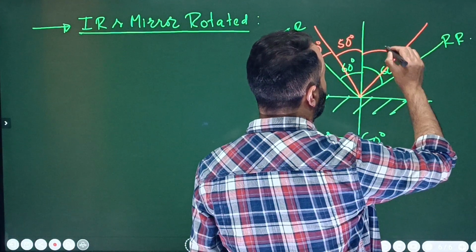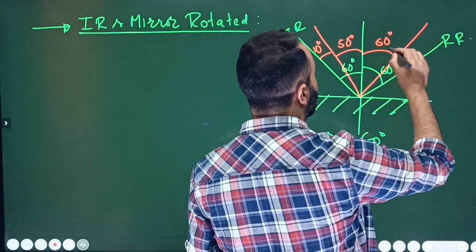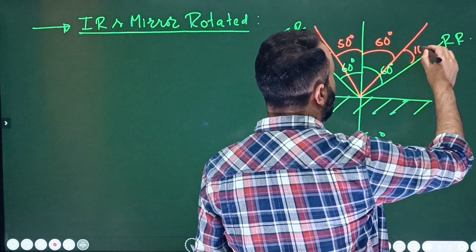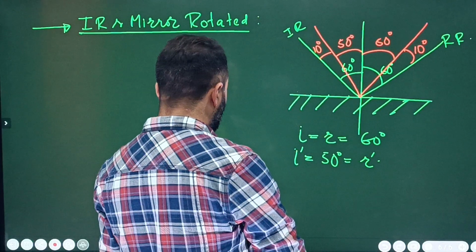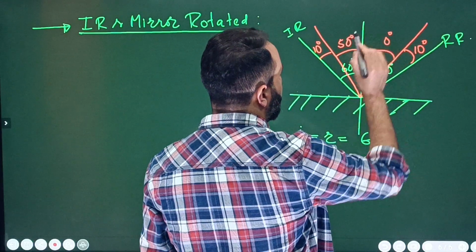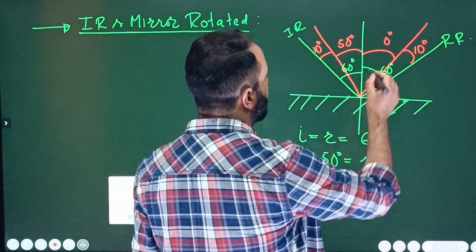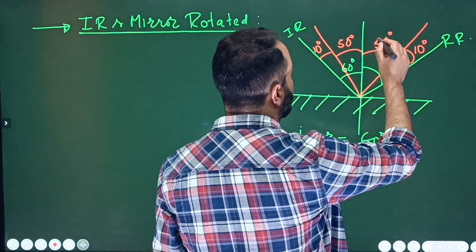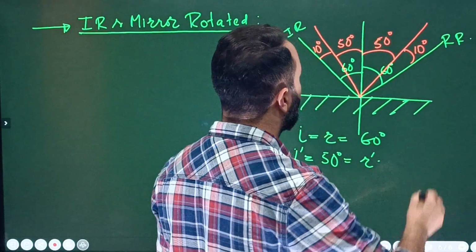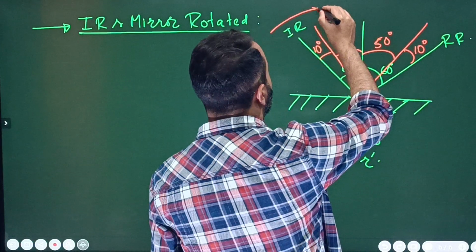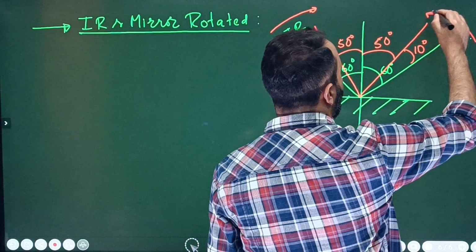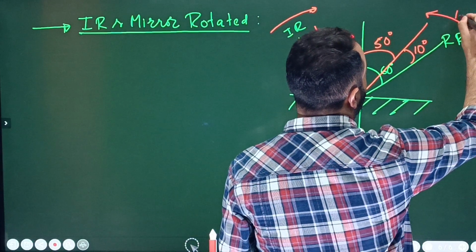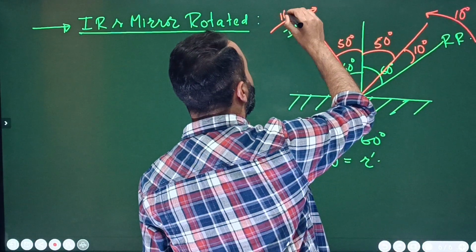If this angle is 50, this angle will be 10 degrees, so 50 plus 10 equals 60 degrees. So the incident ray is rotated clockwise, and the reflected ray got rotated anti-clockwise by the same amount. This is rotated by 10 degrees, and this is also rotated by 10 degrees.